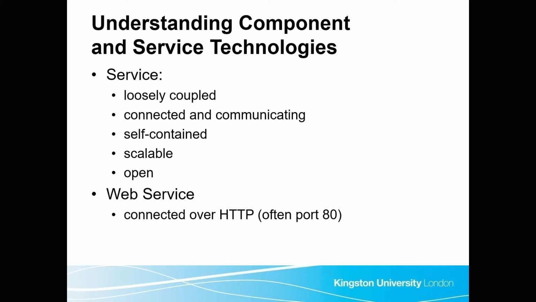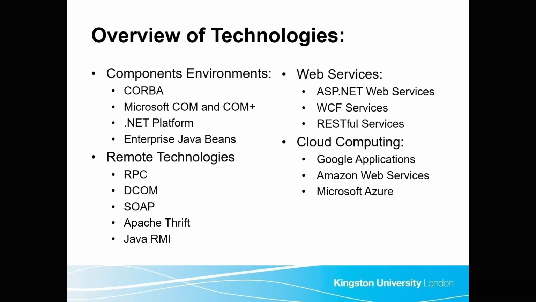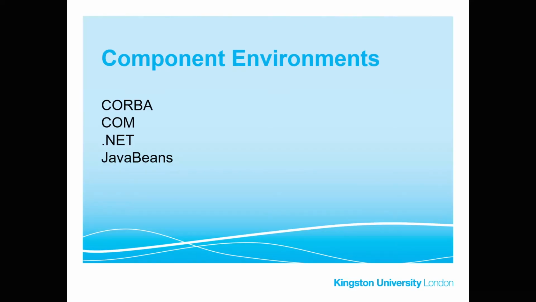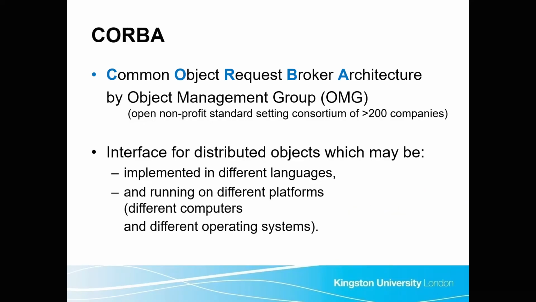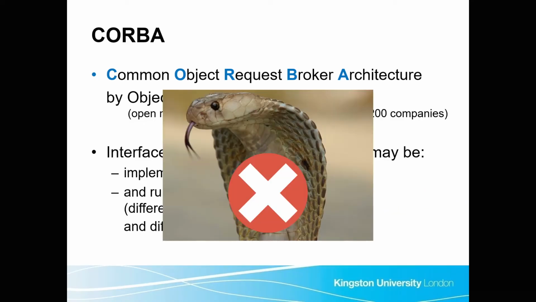So now we can continue into the overview of technologies, and we will start with component environments, namely 4 of them: CORBA, COM, .NET, and JavaBeans. Please note that COM is here introduced mostly for historical reasons. CORBA, and it's not a cobra.